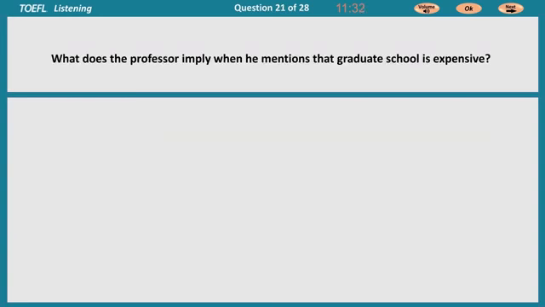What does the professor imply when he mentions that graduate school is expensive?